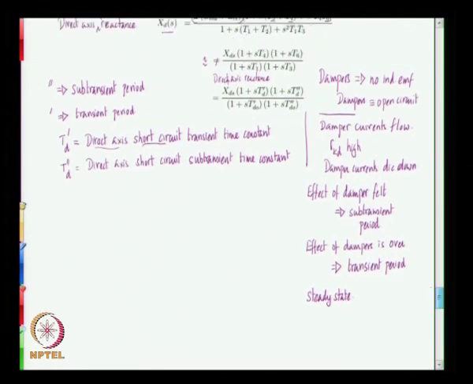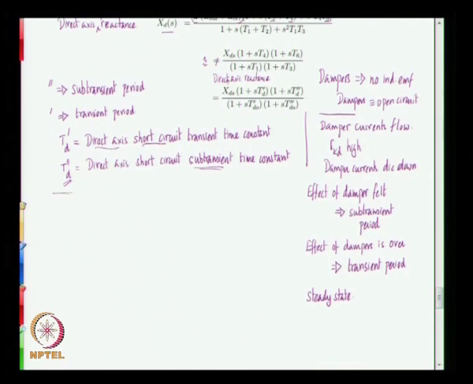Because of these names, T_d double dash, which is derived by considering the damper to be in circuit, is called the short circuit subtransient time constant, and T_d dash is the short circuit transient one.